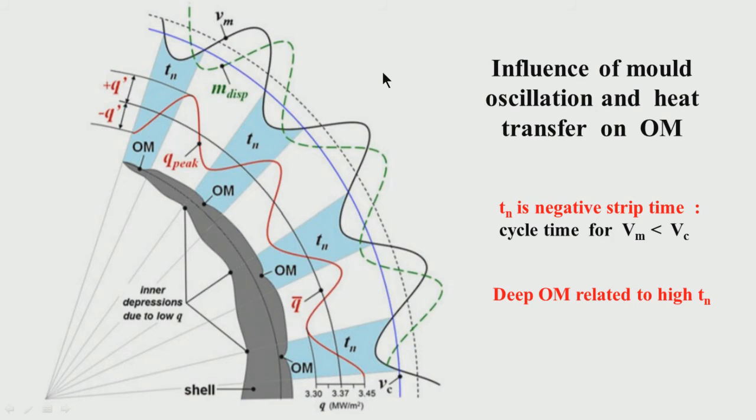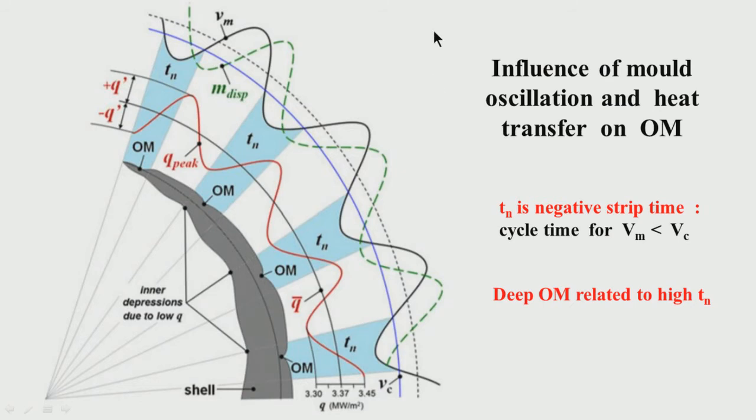The mold is oscillating, let us assume, in the most common oscillation form, a sinusoidal fashion. So, this green dotted line indicates the movement of the mold, in a sinusoidal fashion, in the vertical direction.